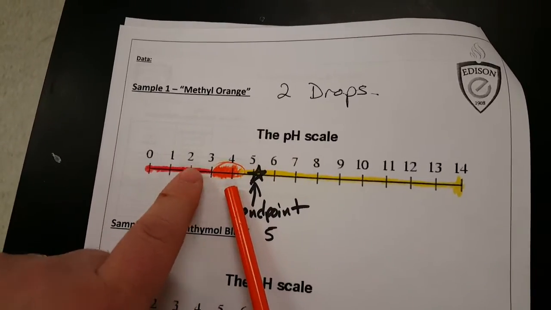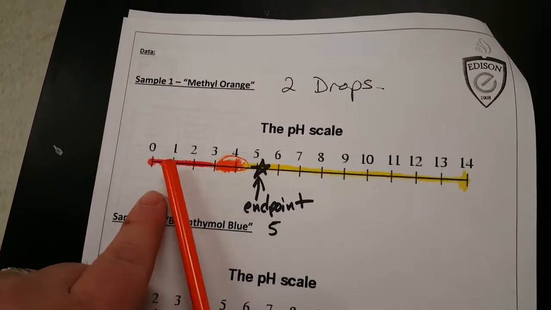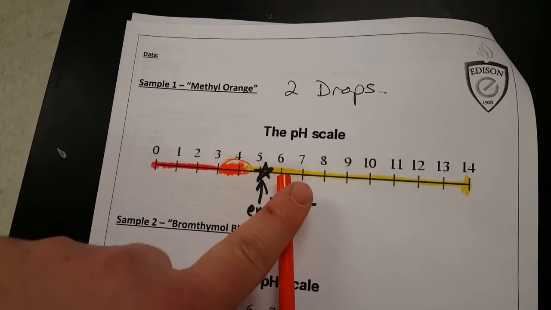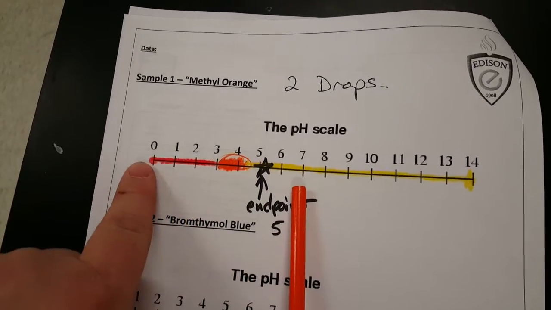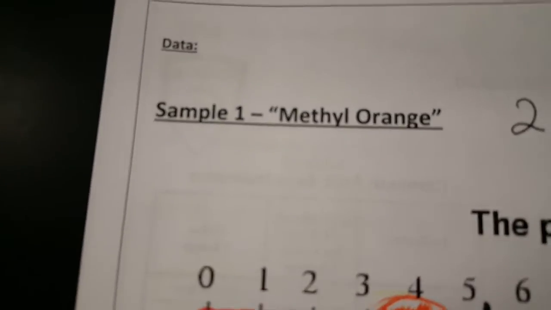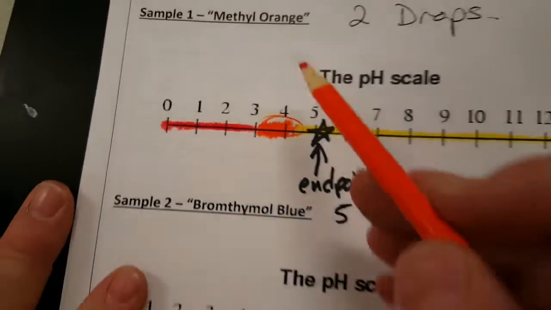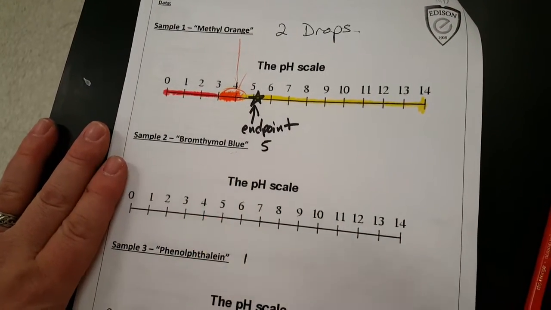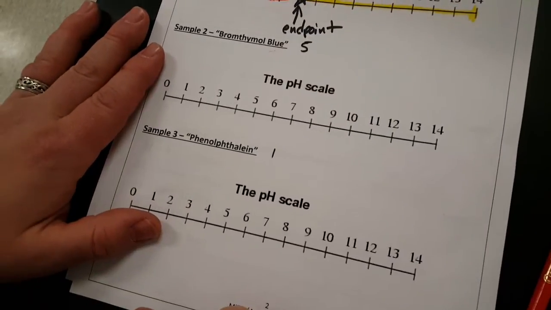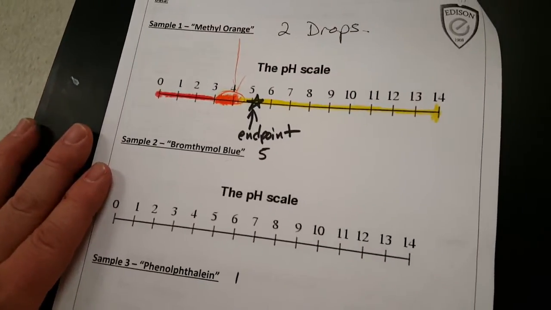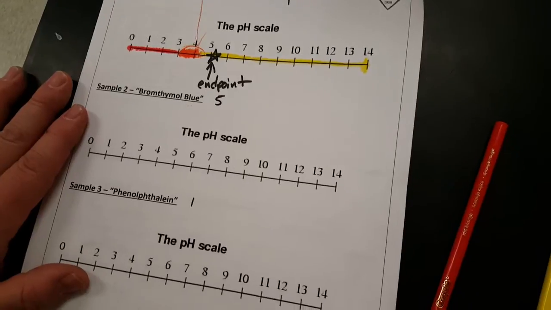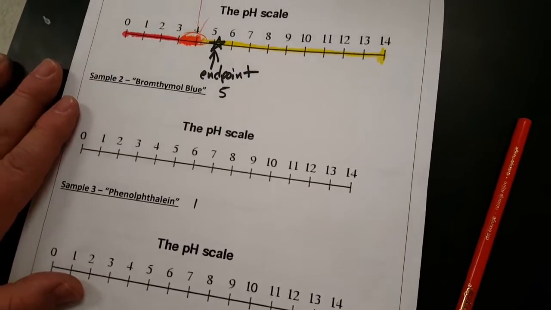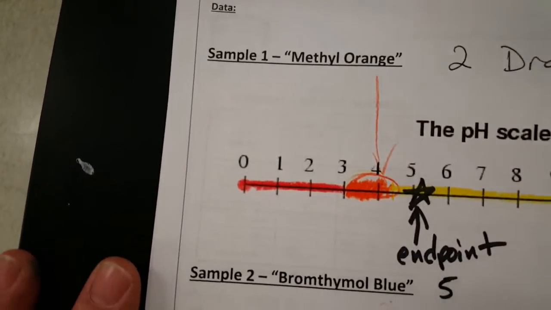Some of these indicators you'll see a little bit better than others, the transition between one color and the next, but usually it's a mix of the two. It's never anything else. And look, it's called methyl orange. So that was a coincidence. Bromothymol blue won't necessarily be blue in the middle. No, and phenolphthalein doesn't have any color in it at all. The names are usually because the indicator itself is blue. But two of them have the color of the range.